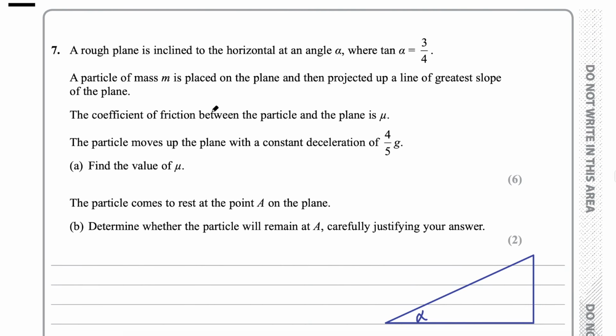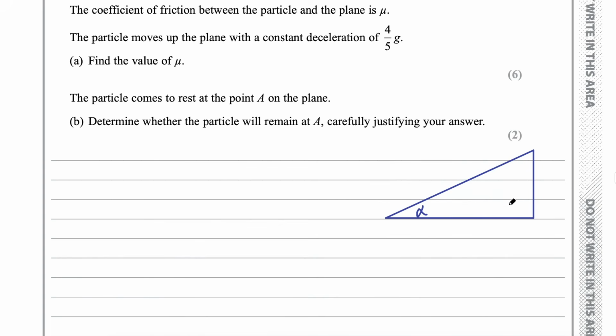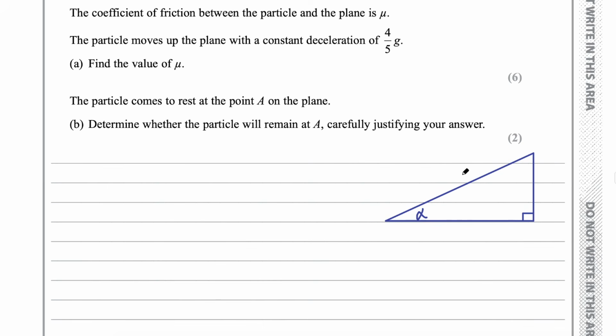And by the way, when they say projected up a line of greatest slope of the plane, that means it's effectively going along the ground of the slope. So it's not going at some angle to the slope. What I've drawn here is a right angle triangle. The particle, let's just draw a box. Even though it says particle, boxes are easy to represent.